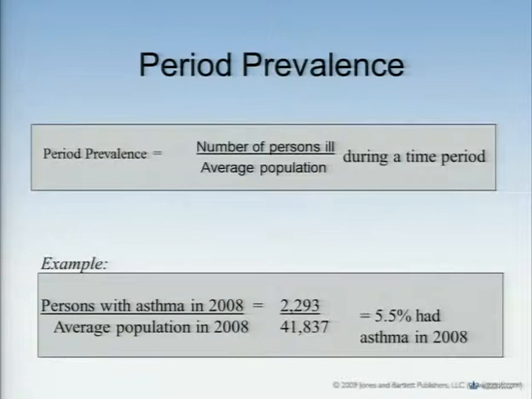So there you can say 5.5% had asthma in 2008. But again, this is different than incidence because I'm not saying they were diagnosed with asthma during that time. They're not new cases of asthma. They're just admitting to having an asthmatic episode during 2008. So are you clear on point and period?